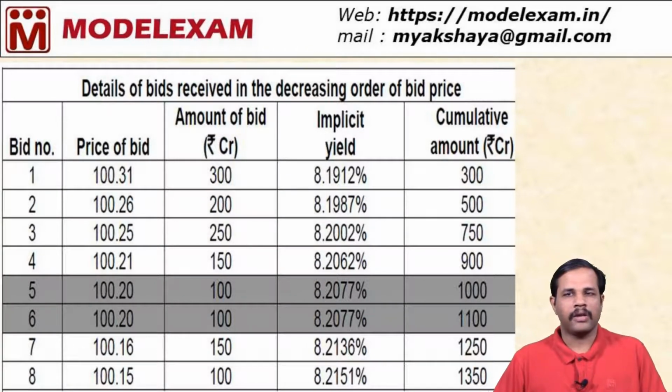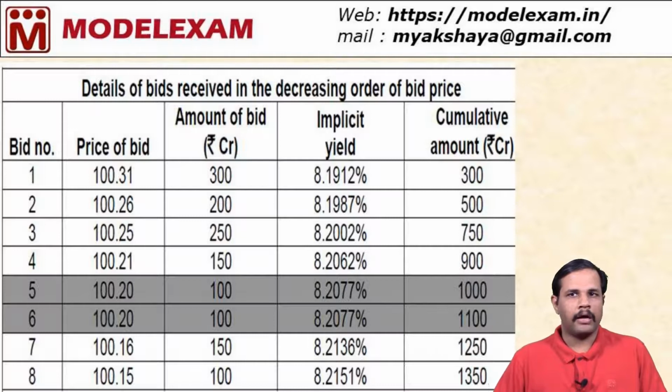See the second scenario. As in the case of yield based auction, here also we have taken 2 bidders at the cut-off price. So as you know, the first 4 bidders will get full allotment, that is what they had bid for. The first bidder will get 300 crore, the second bidder will get 200 crore worth of government securities, and so on.